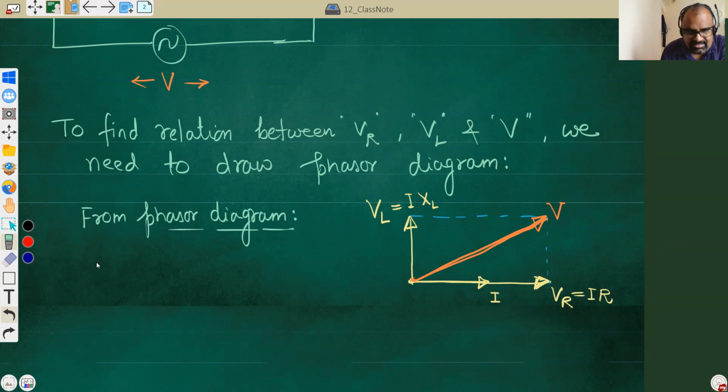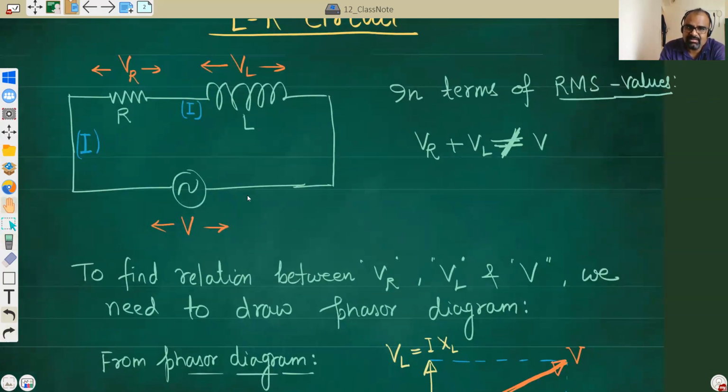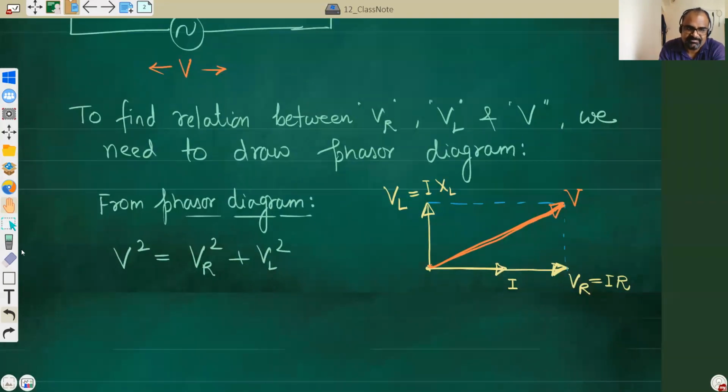We see that capital V square is equal to VR square plus VL square. This square plus this square. Now this is the relation. You see, this plus this is not equal to this, but instead this square plus this square is equal to this square. You see? So let me put it inside a box.